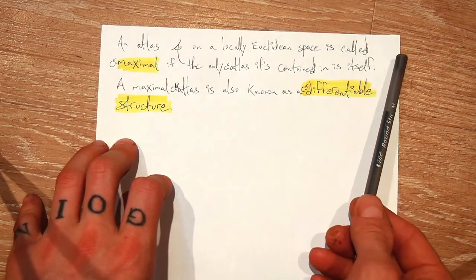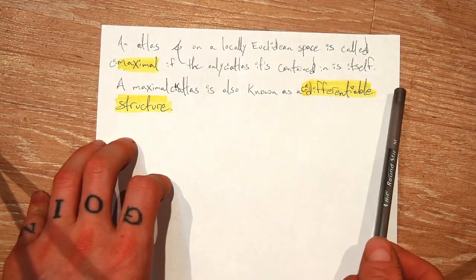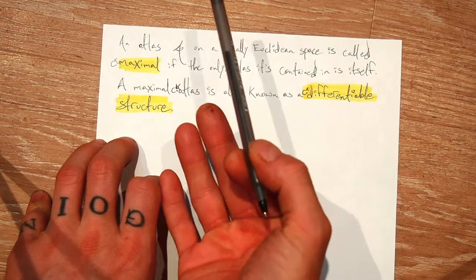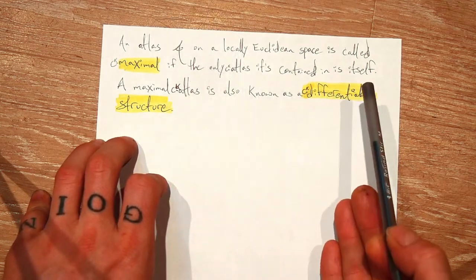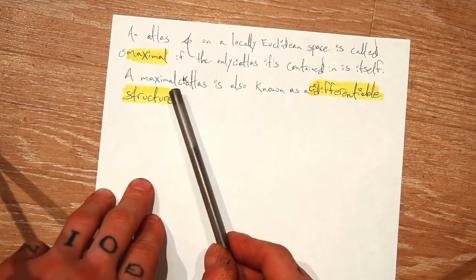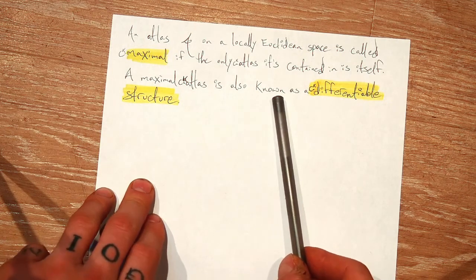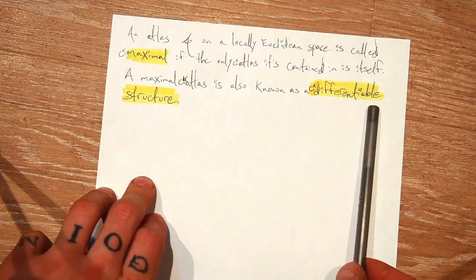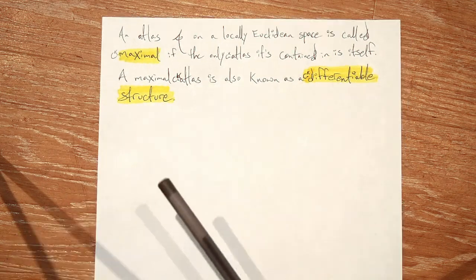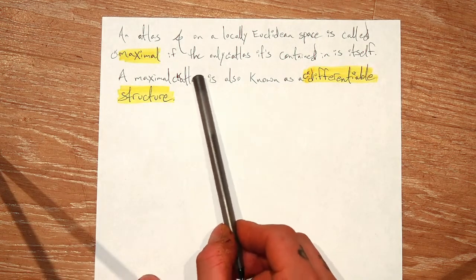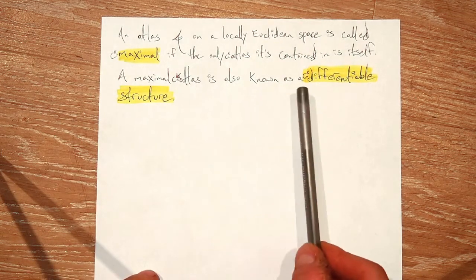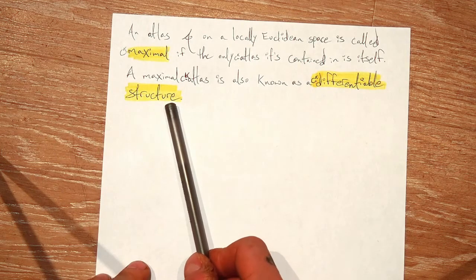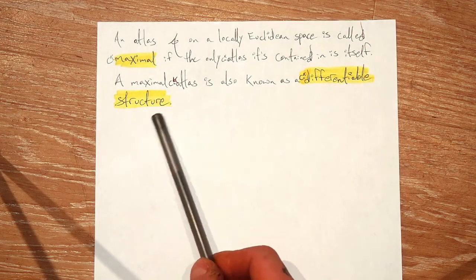So if you have a second atlas, which is also a set of charts, you can just check whether the charts in one set are the same as the charts in another set. And a maximal C^k atlas is also known as a C^k differentiable structure. So that hints at why atlases are important, because an atlas gives rise to a differentiable structure, which is a much more revealing name, on a manifold.